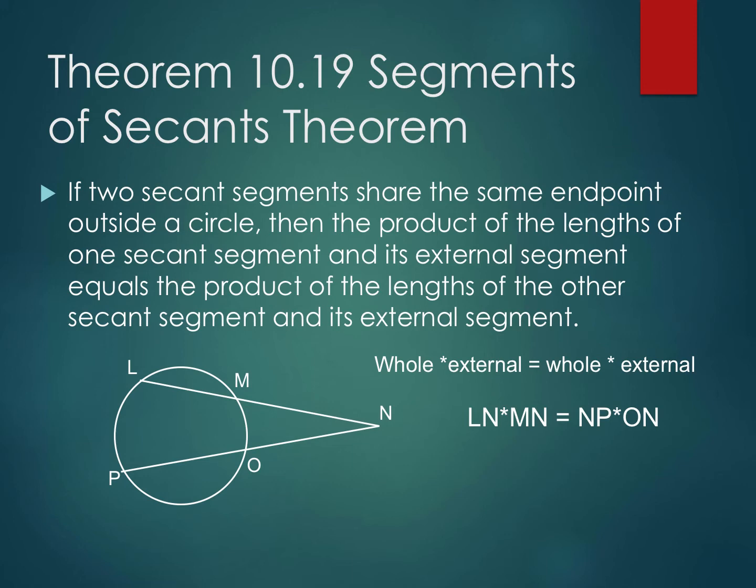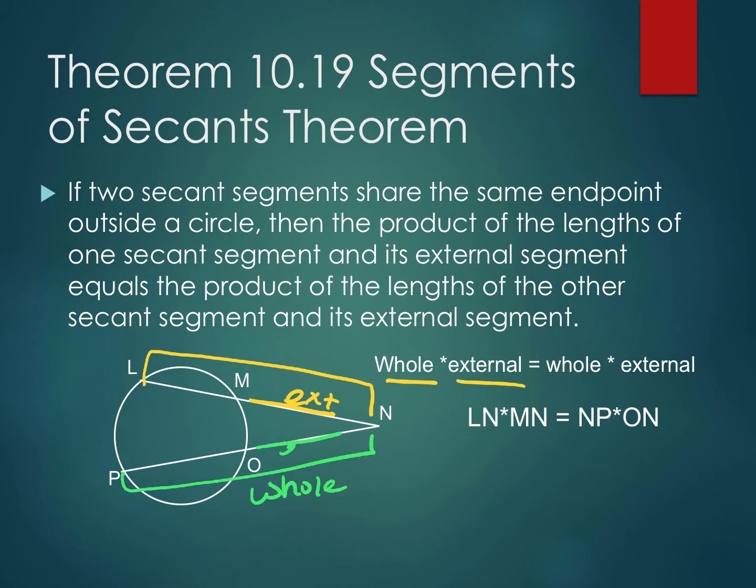So bottom line, we're doing the whole length of this secant times its little external piece. So we're doing whole times external, and then we do the same thing here: the whole thing times its little external piece.